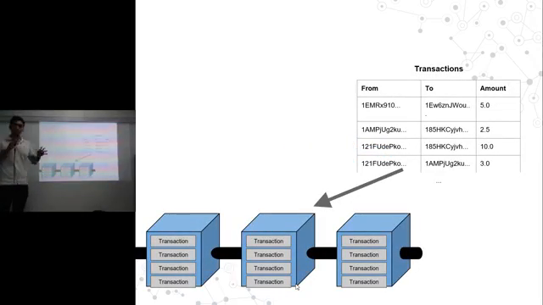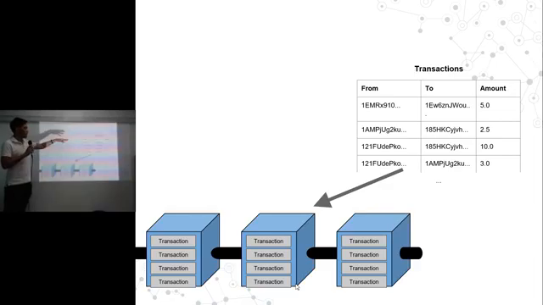So a blockchain is really literally just a chain of blocks. As you can see in the diagram here, I got these blocks, and each block has a bunch of transactions in there. You can think of a blockchain as a timeline of history of all the transactions that has happened over time, and these blocks just keep going one after the other and keep getting added on top of the chain.